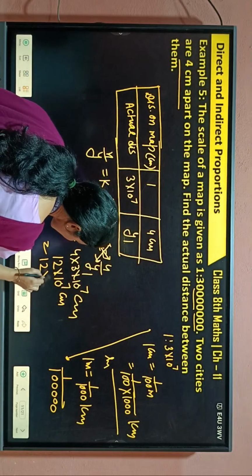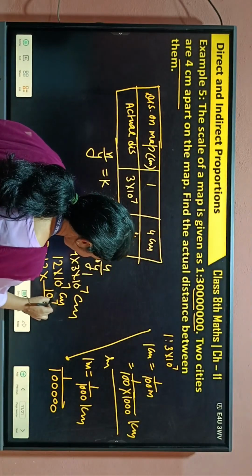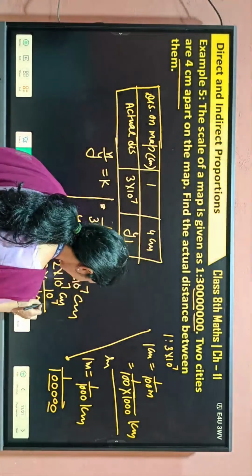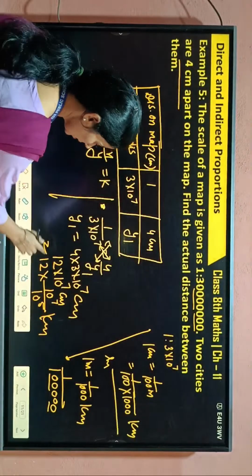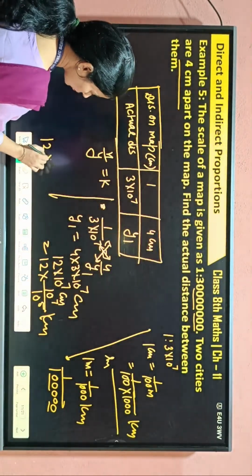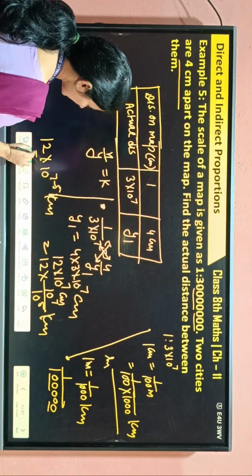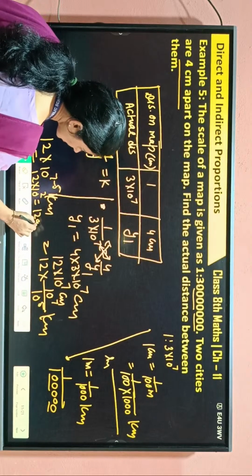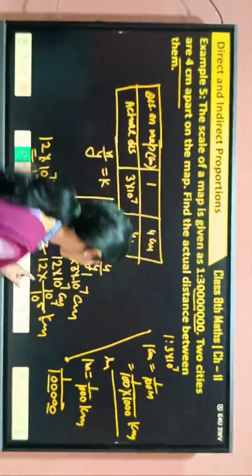It is 12 into 1 upon 10 raised to power 5. This answer is now in kilometer. You can write 12 into 10 raised to power 7 minus 5 kilometer. That is 12 into 10 raised to power 2. Answer is 1200 kilometer.